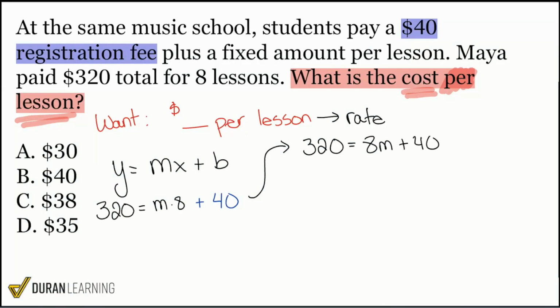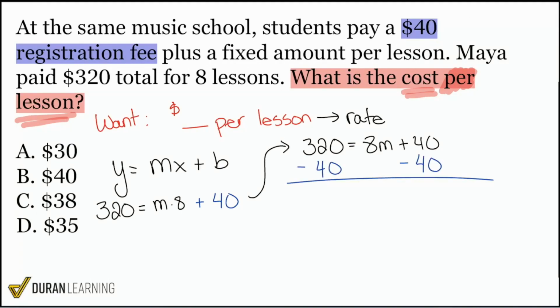Up next, this is just an equation that I have to solve now. So if you were able to get to this point, 320 equals 8m plus 40, congratulate yourselves. You're taking a good next step. Now let's solve this together. To get the m by itself, we have to get rid of the 8 and the 40. The 40 goes away first. So we'll subtract 40 from both sides.